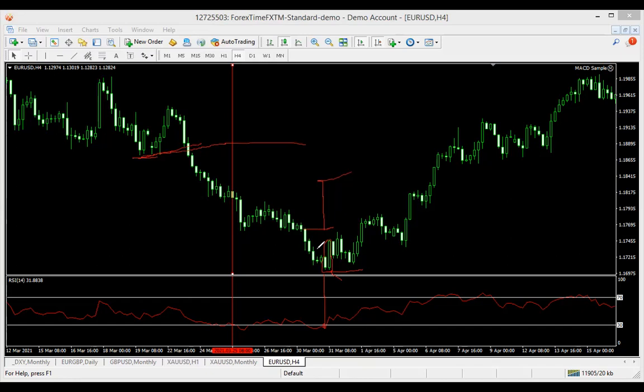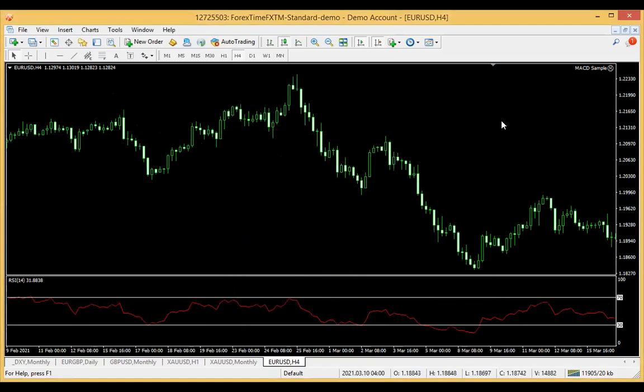The same thing on the other side. If you are to sell, let's give an example with sell. All you have to do is to look at where the market has touched the overbought level, which is this place.